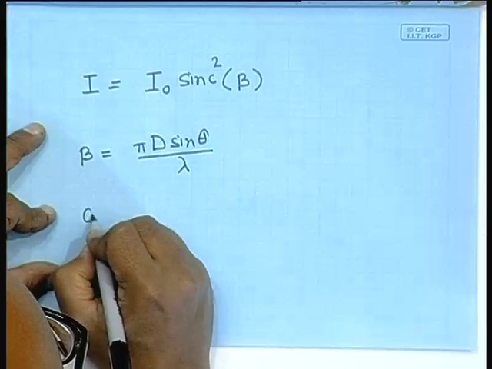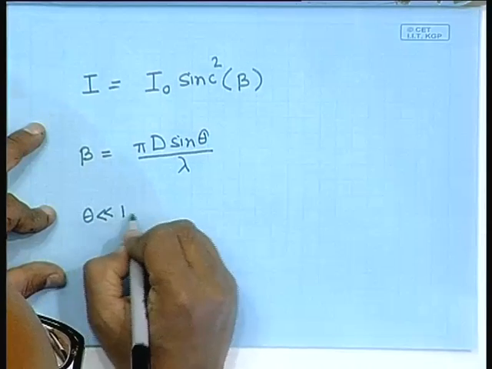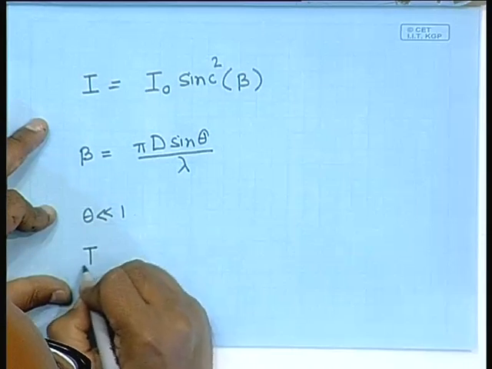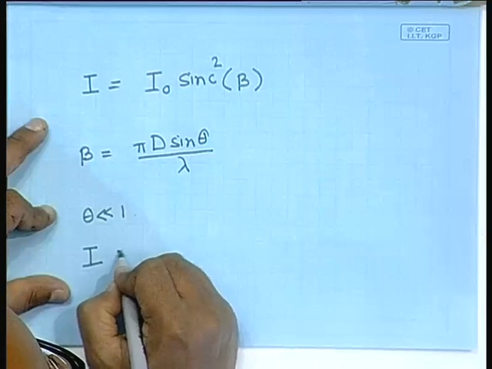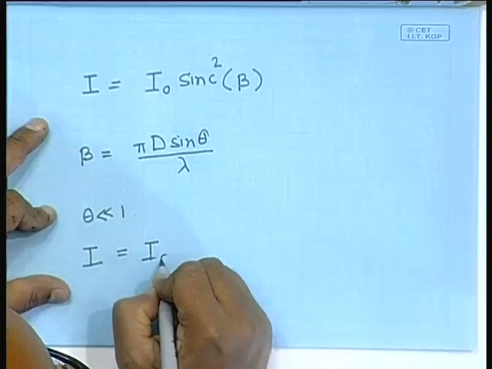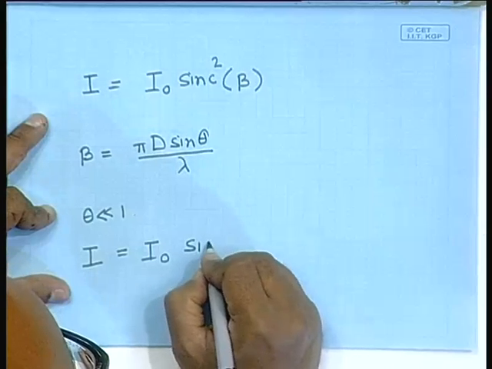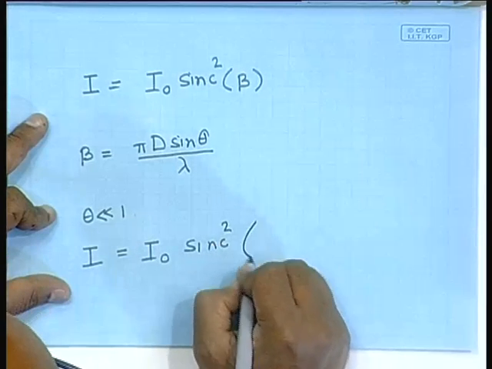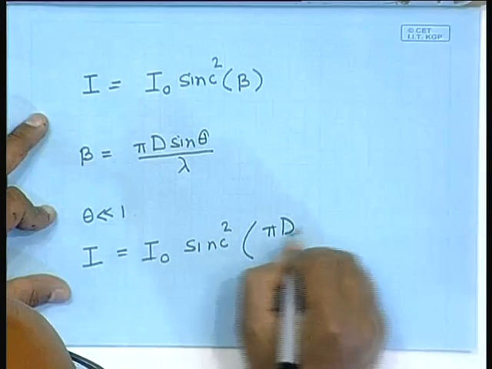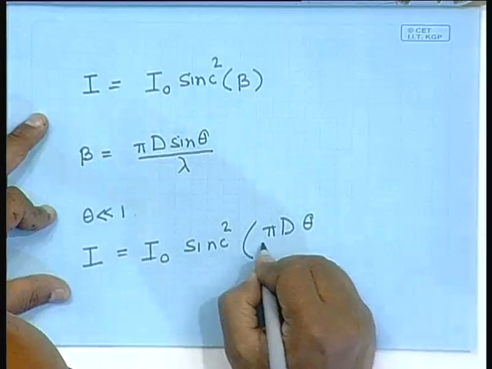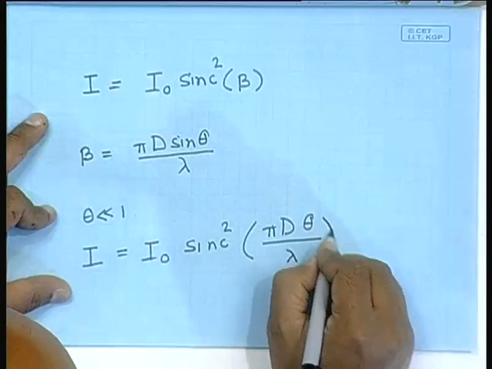And if theta is much less than 1, then I is equal to I naught sinc square pi d theta by lambda.